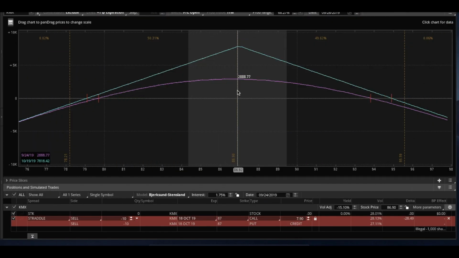So if we go 87 plus $6.50, that leaves us with $93.50. And as you can see, we're basically almost spot on. We're 30 cents off. And so that is roughly what the implied move tells you, where your break even is going to be after the day of the earnings event.